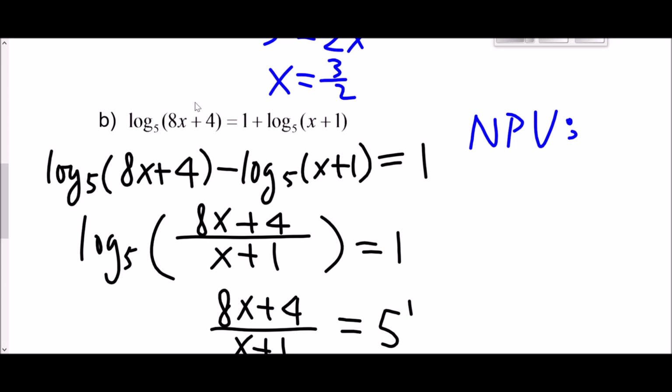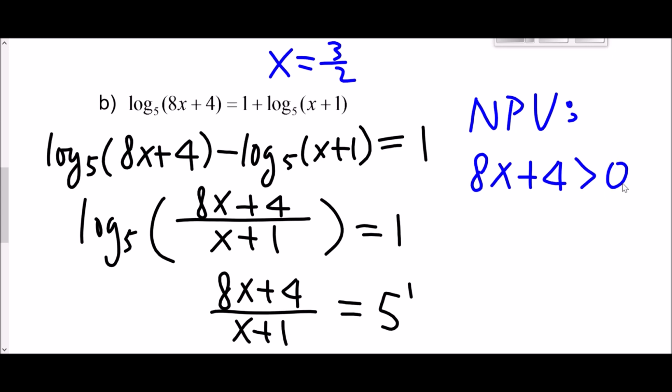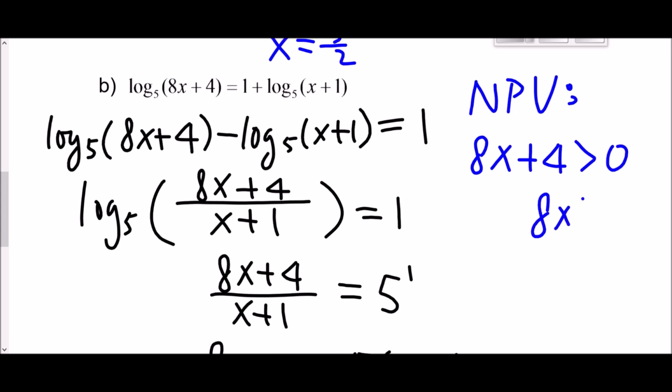And again, if this is equal to 0, log base 5 of 0 gives you error, undefined. So that means 8x plus 4 has to be greater than 0. And then you just do the simple algebra. 8x is greater than negative 4. Divide both sides by 8, that gives you x greater than negative 1/2. That's one restriction.